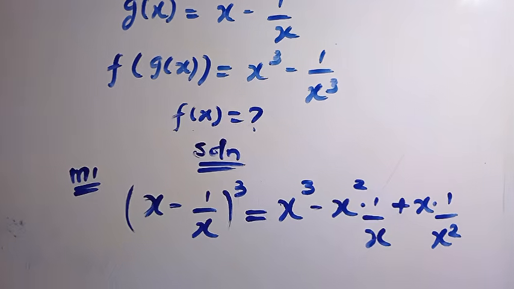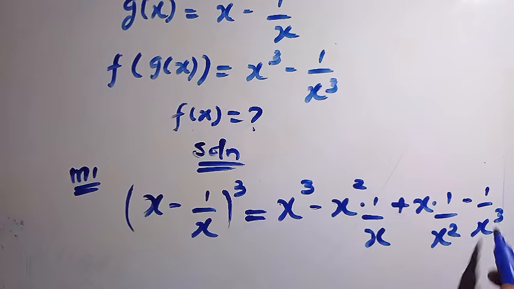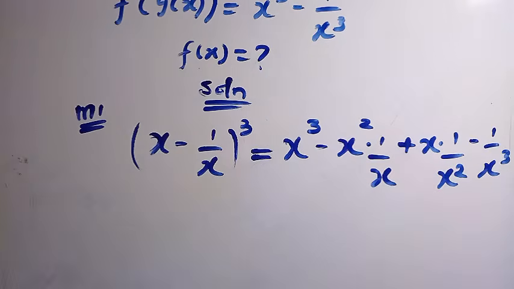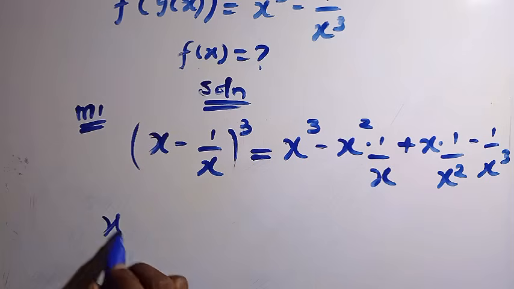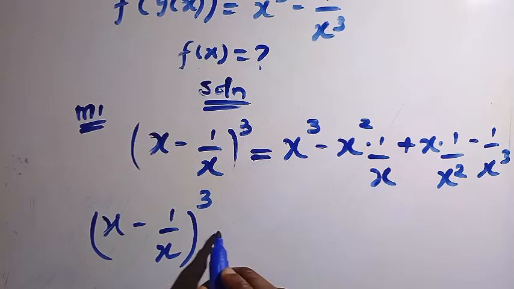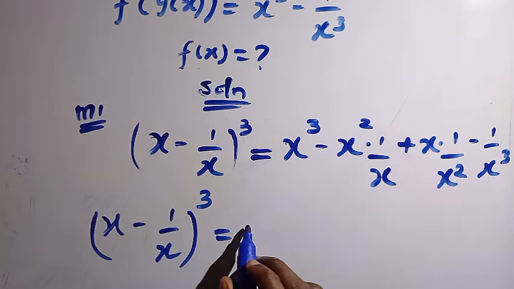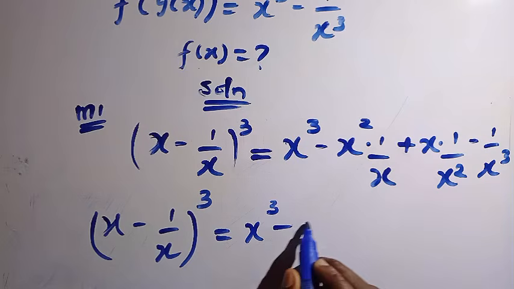And the last one, we are going to have it as minus 1 over x cubed. So if this is cleared, we have x minus 1 over x raised to the power of 3 equals, by bringing x cubed and 1 over x cubed together, x cubed minus 1 over x cubed.